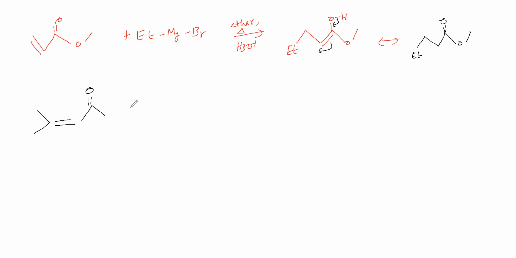Now we will take Grignard reagent, ethyl magnesium iodide. The solvent is ether, on warming and hydrolysis. So what will we get here?